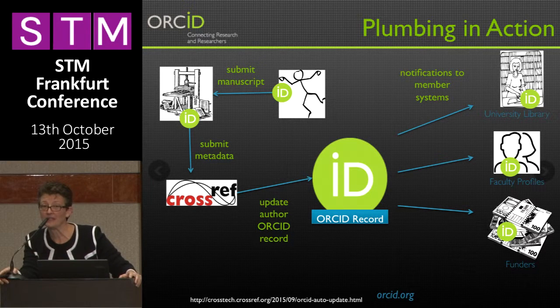So now the manuscript's been accepted, it goes through production process, and at the end of the day, or at some point during the day, that metadata is submitted to Crossref to get your DOI, right? Now, a piece of the metadata that can be submitted to Crossref is that ORCID identifier, or ORCID identifiers for the author on the paper.